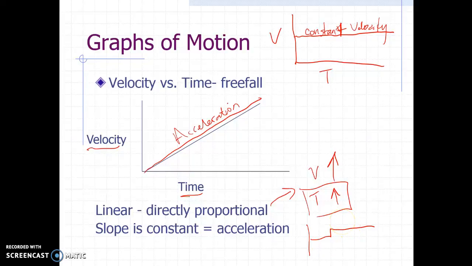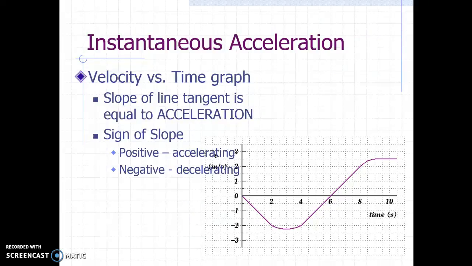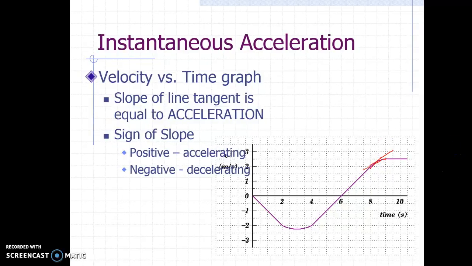All right, so instantaneous acceleration. To figure out an acceleration at any given point, you have a tangent line. Notice they must be slowing down a little bit. The slope of that line that's tangent to the curve, that's the acceleration.